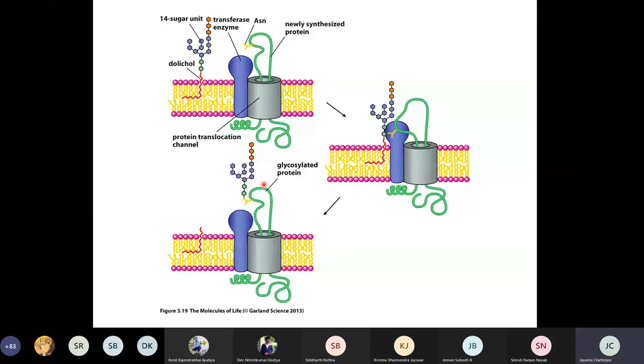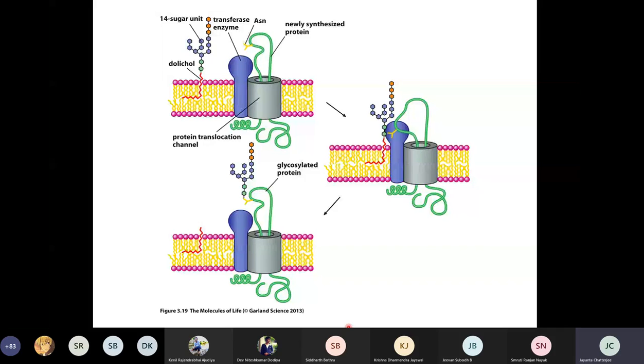They also differ at the sites where N-linked and O-linked glycosylation takes place. It's known that N-linked glycosylation is a lot more prevalent than O-linked glycosylation.